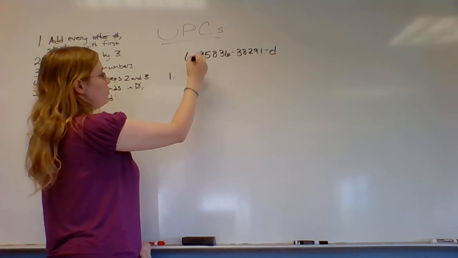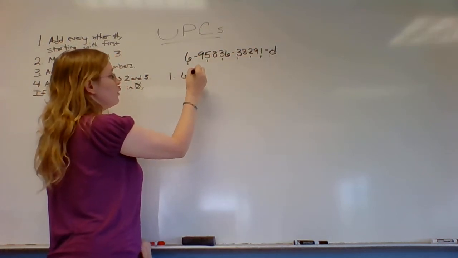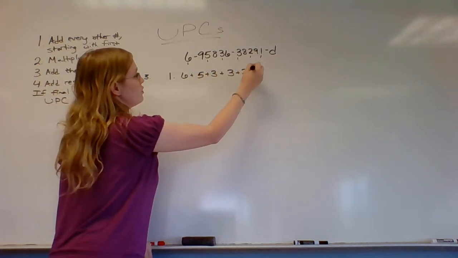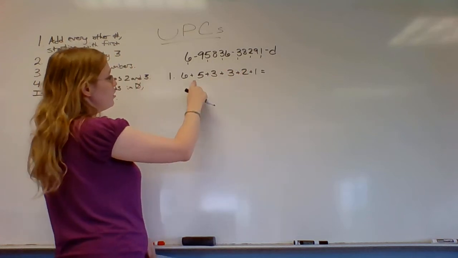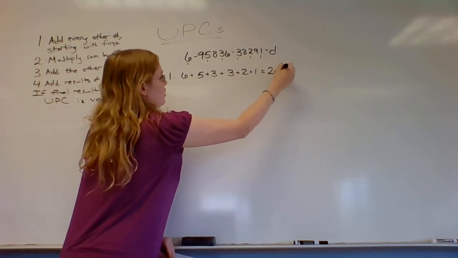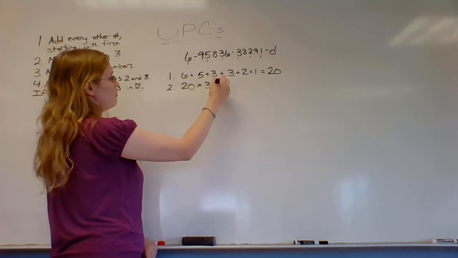So step 1, 2, 6 plus 5 plus 3 plus 3 plus 2 plus 1 equals 11, 12, 13, 14, 15, 16, 17, 18, 19, 20. Get 20 a lot. Multiply by 3.